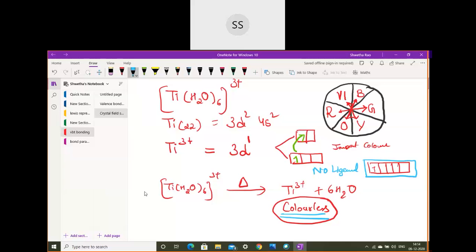There is no splitting, so no transition is possible. If there is no transition, then the particular complex will be colorless. Only this much you need to remember.